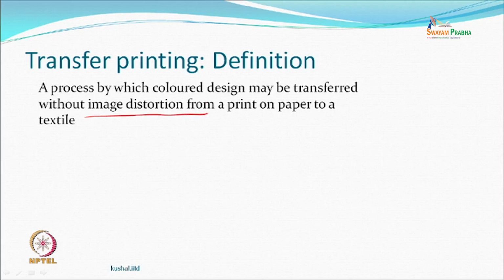When we say without distortion, what it means is that the kind of errors that you were expecting, that you have the 6 color, 7 color system, then you have very sharp lines somewhere else, they overlap, they may smudge one into the other. All those things will not happen, because whatever is supposed to be on the paper, if you like that, then you just transfer. We are obviously hoping that the printing paper is relatively less costly.